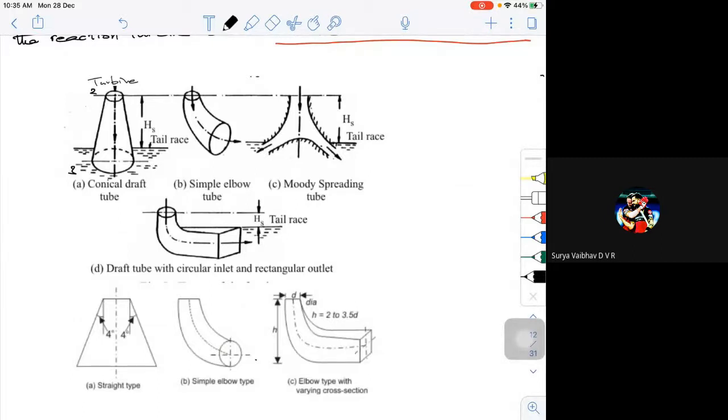In some of your Francis turbines, we have seen a draft tube with a circular inlet and a rectangular outlet, because this is completely submerged in your tail race. So you have different types of draft tube: one is conical, a simple elbow, or Moody spreading, or a Moody dividing kind of draft tube, or you have what is called an elbow type of draft tube.